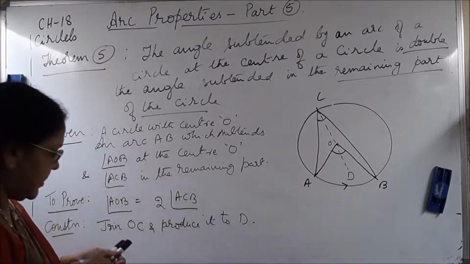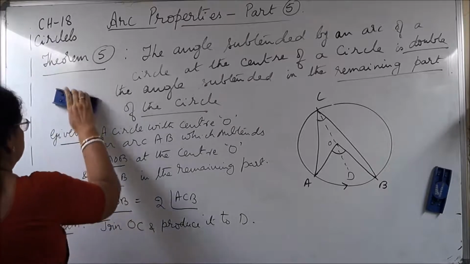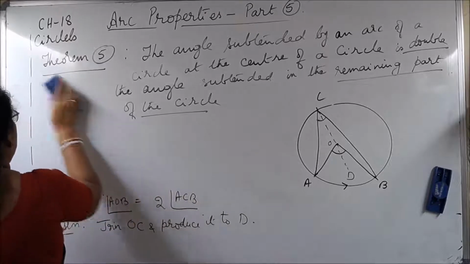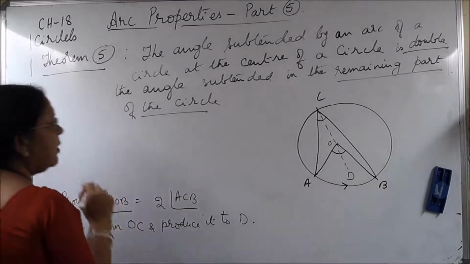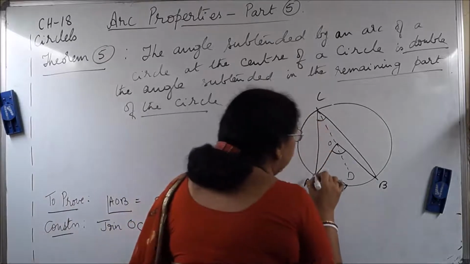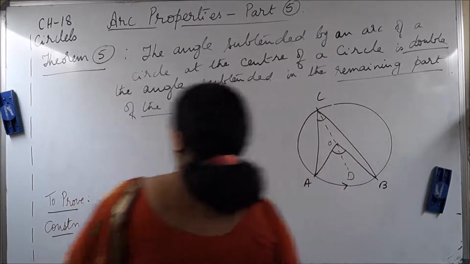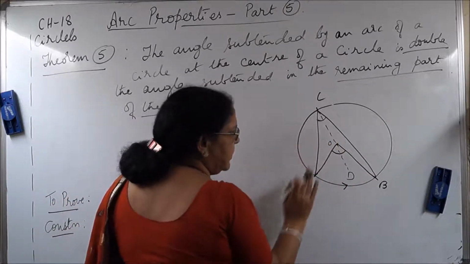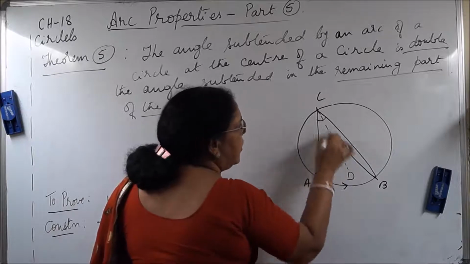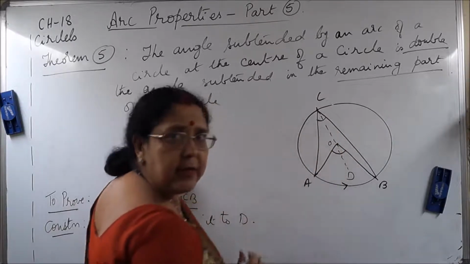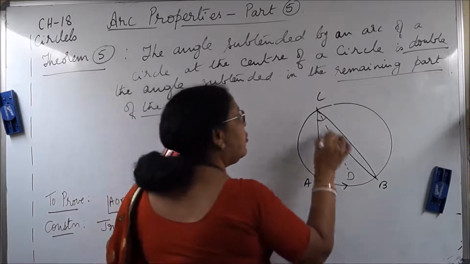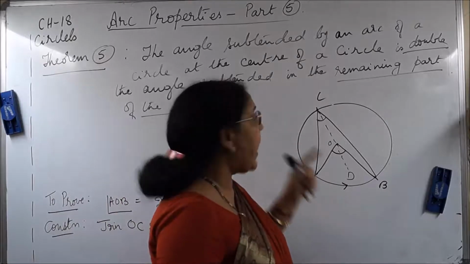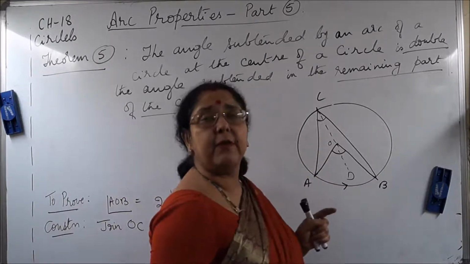Now the proof part. Okay, so now consider triangle OCA and OCB. In both the cases, let us first see OCA. Now OC and OA are the radii of the same circle. So therefore OC is equal to OA. Then it is an isosceles triangle. So angles opposite to equal sides are equal.